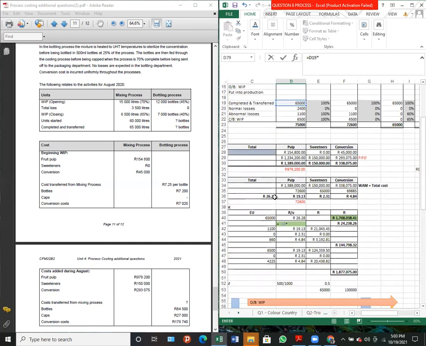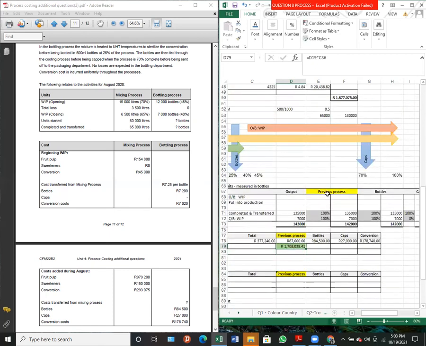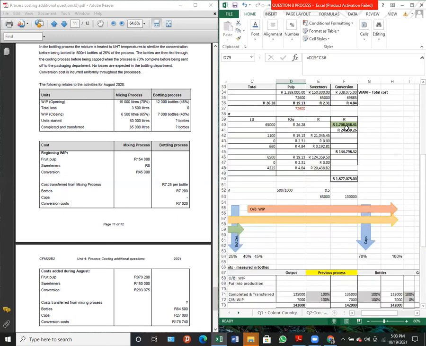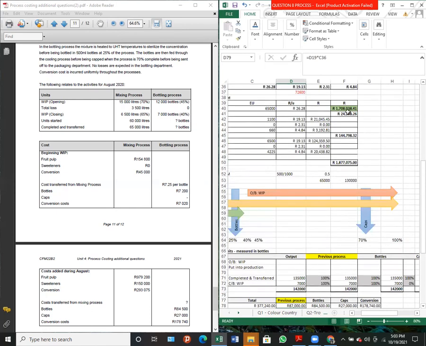Times, you still remember this amount, guys? Times this. You see, this amount is where? Is here. You see, it's the same amount, guys, from the previous.